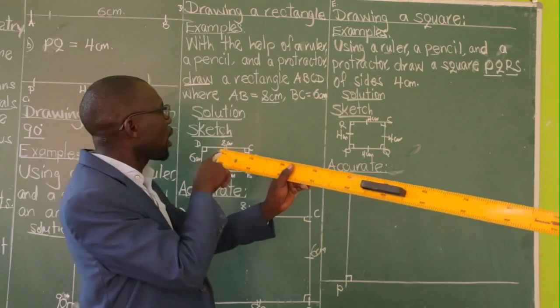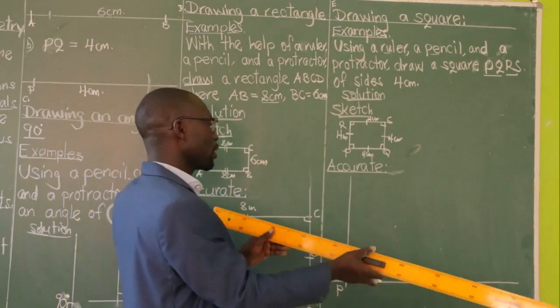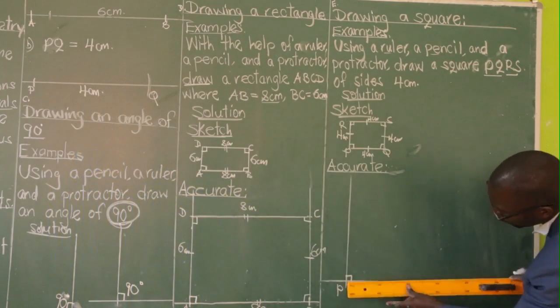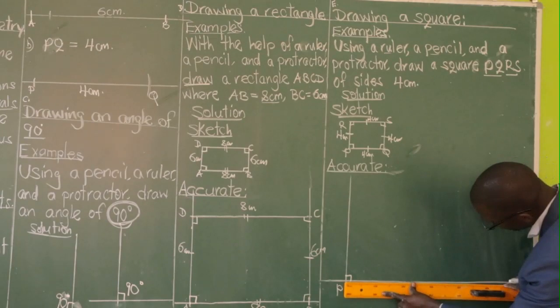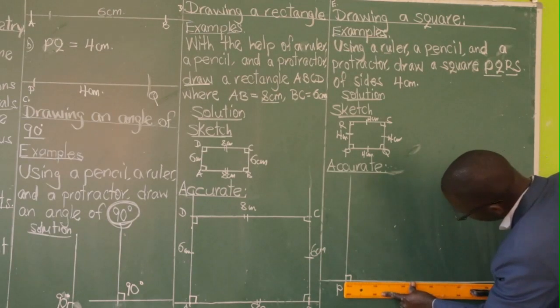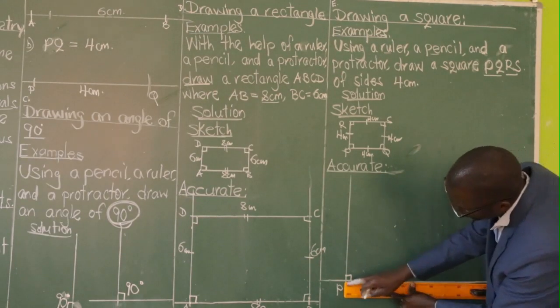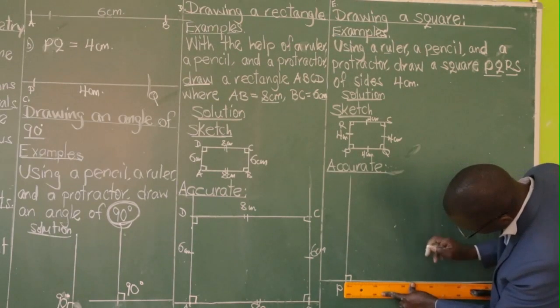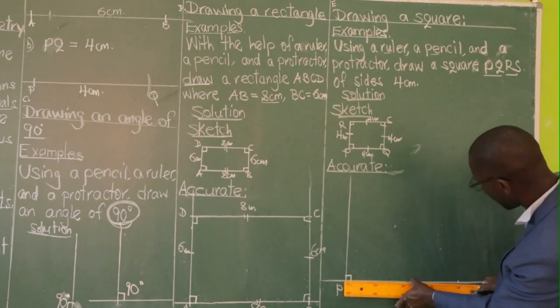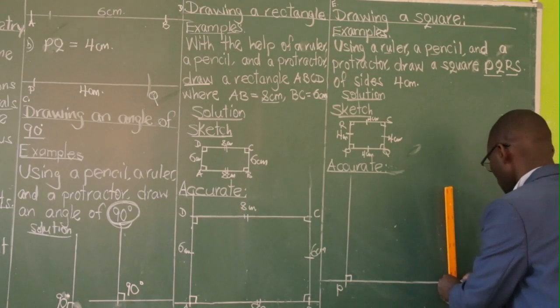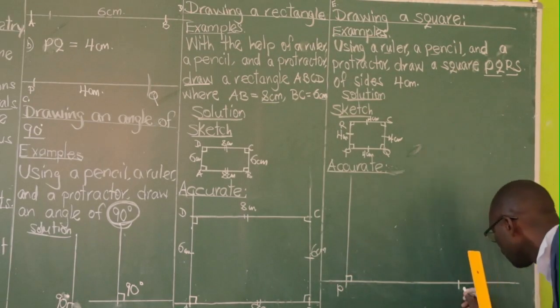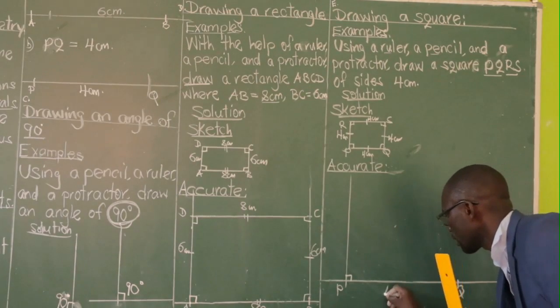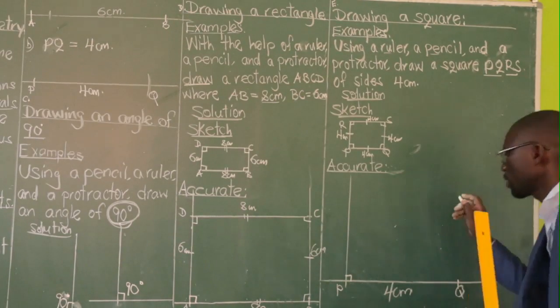So get your ruler and put the starting point at point P, and then we get the 4 centimeters. So we shall say this is 0, 1, 2, 3, 4. And we shall mark there. This one is point Q, and this is 4 centimeters.